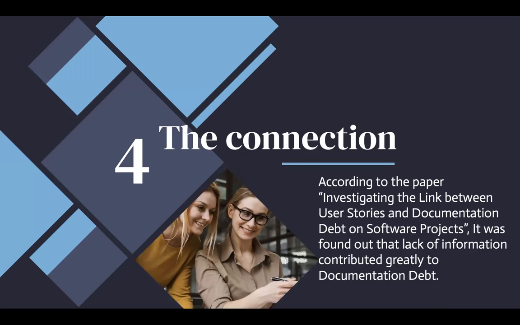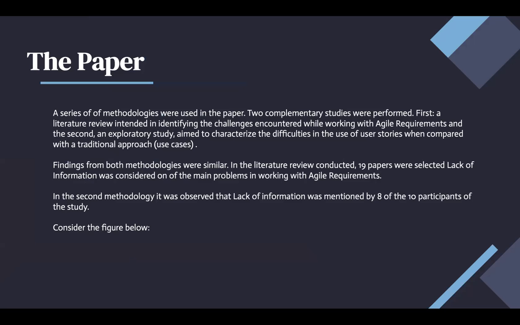The connection: according to the paper investigating the link between user stories and documentation depth in software projects, it was found that lack of information contributed greatly to documentation depth. In the paper, a series of methodologies were used to complement each other. Two complementary studies were performed independently. First was a literature review, and the second was an exploratory study aimed to characterize the difficulties in the use of user stories when compared to the traditional approach.